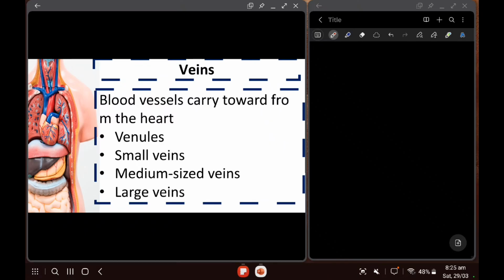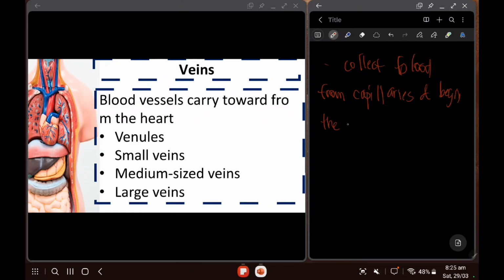So sa veins naman, the blood vessels carried towards the heart. So we have venules. Ang venules naman is small vessels that collect blood from capillaries and begin the process of returning it to the heart.